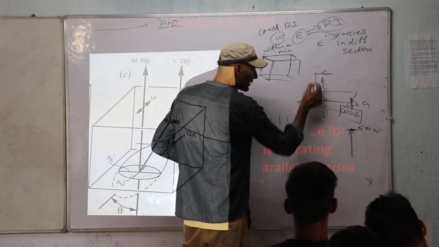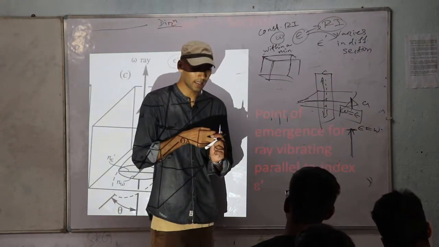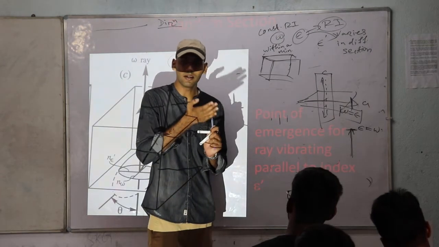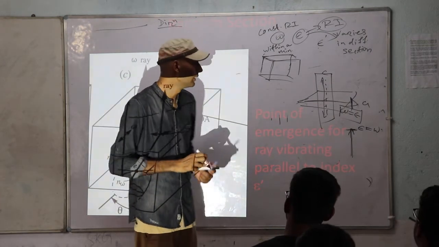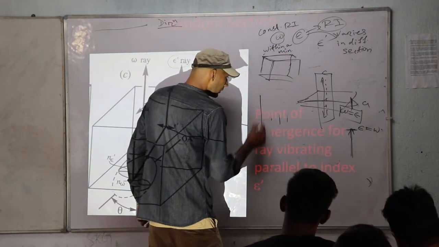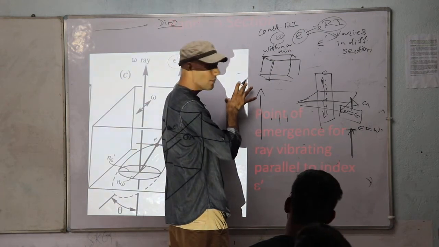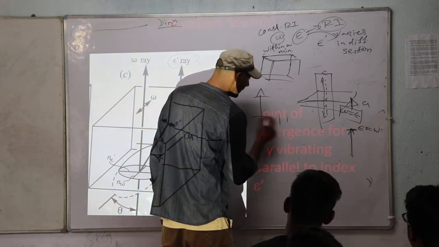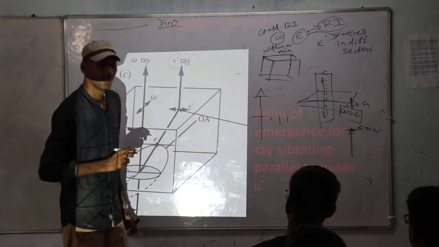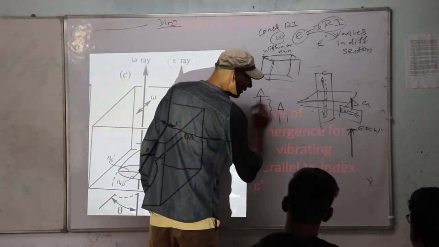Whenever you are taking this section, as I have told you, if this is C, you are taking either AC or BC. If you are taking that section, the rays will migrate in the same path, but you are getting them at different distances. This path difference is known as retardation.